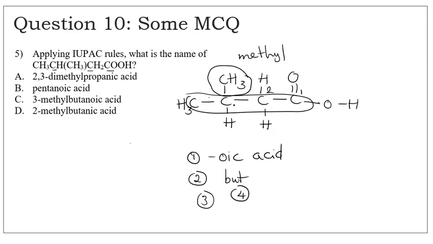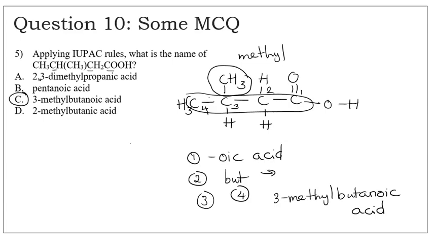So 1, 2, 3, 4. So the name, that's a random place for the arrow, is 3-methyl butanoic acid. 3-methyl butanoic acid. There you go. It's a long question for 1 mark.